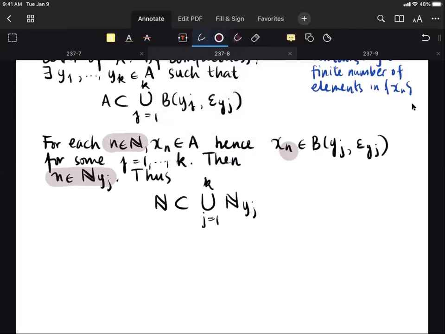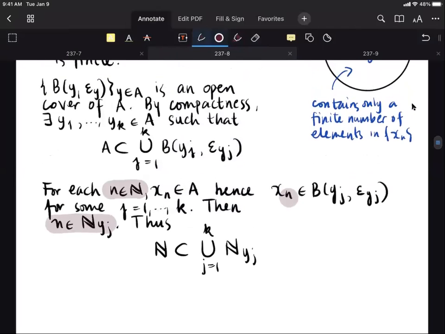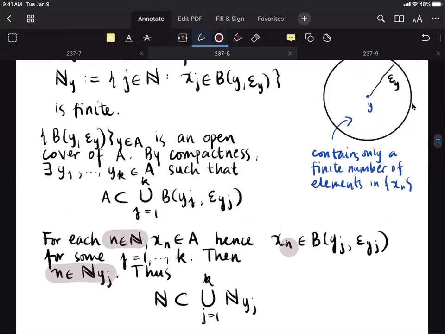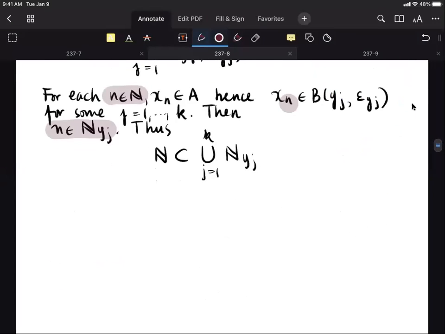And now here is the contradiction. We know that each of these is finite, so therefore the union is also finite. This is not possible because we know that the set of positive integers is infinite.